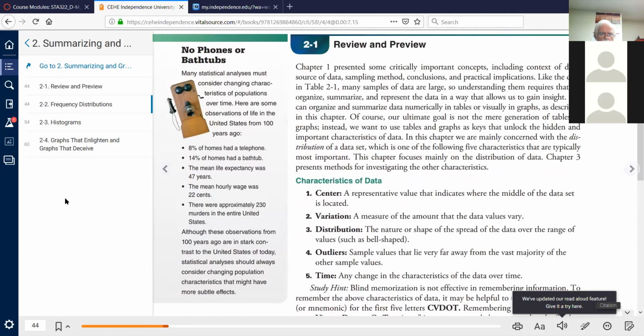We have to look at changes over time, and this sidebar here is a good example. 100 years ago, and I think this edition was probably published just a few years ago, so let's take this back to just before World War I. So we have these numbers, and things have changed today.